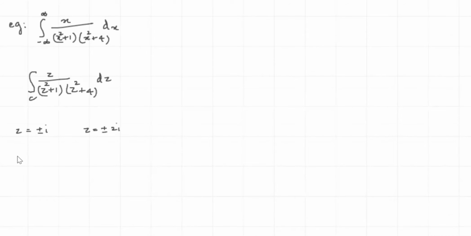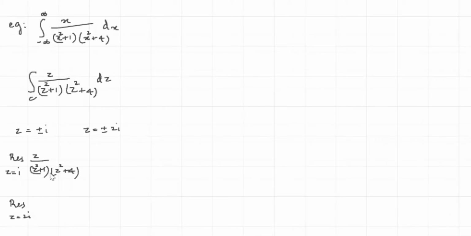Hence, we are only calculating the residue for the function z by (z square plus 1) into (z square plus 4) at z equal to i and at z equal to 2i.